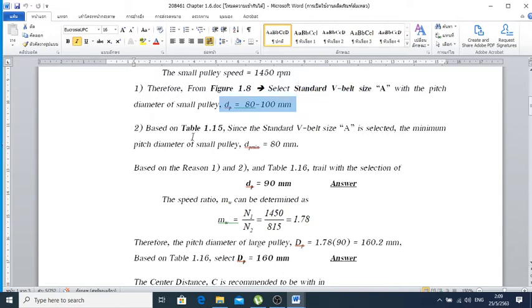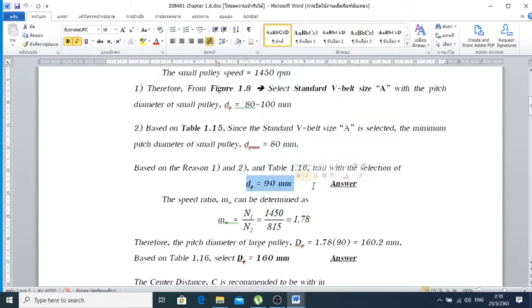And then we check with table 1.15. The SRP for the A belt is 80 millimeters, so its range is going to be 80 up to 100. Based on table 1.16, the available pulley is going to be a selection of 90.